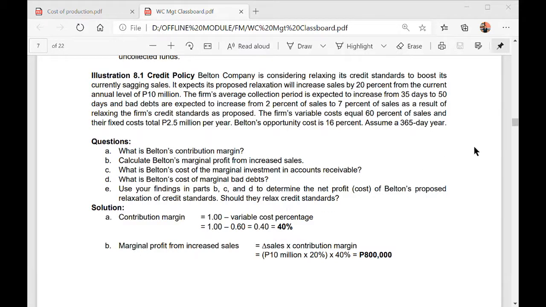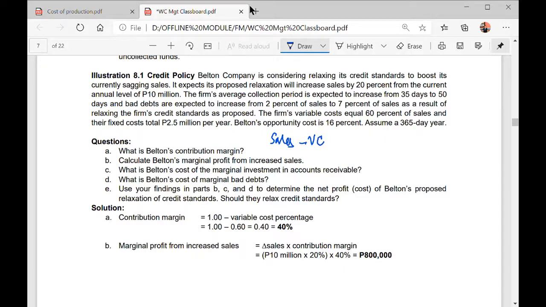Okay, so we have here the first question: what is Belton's contribution margin? And what is a contribution margin? In order to compute the contribution margin, that is equivalent to your sales minus your variable cost.